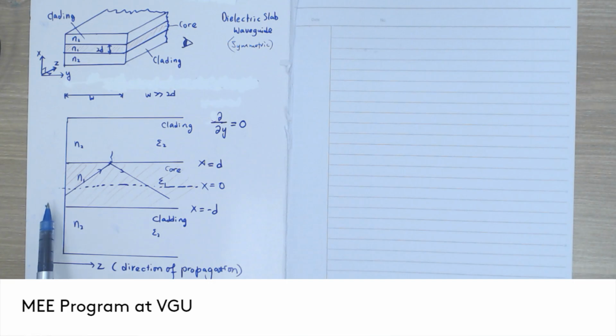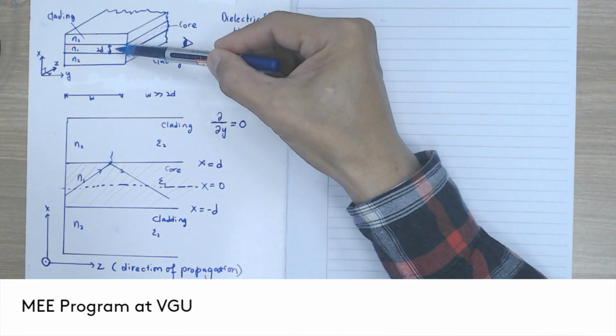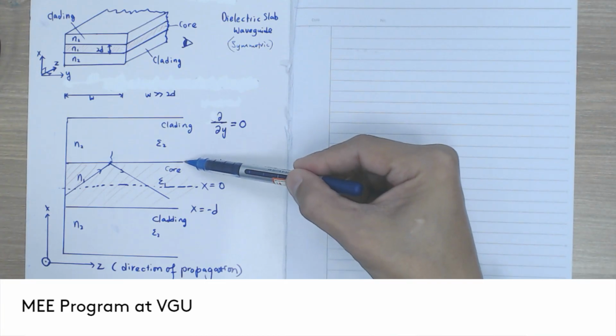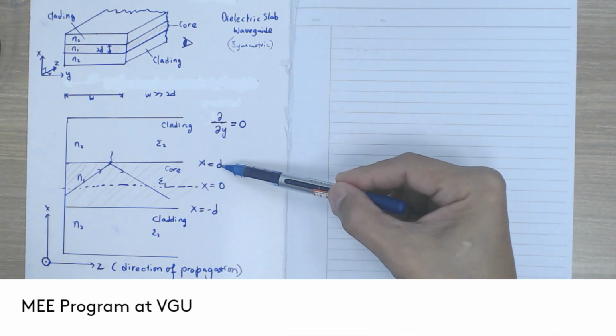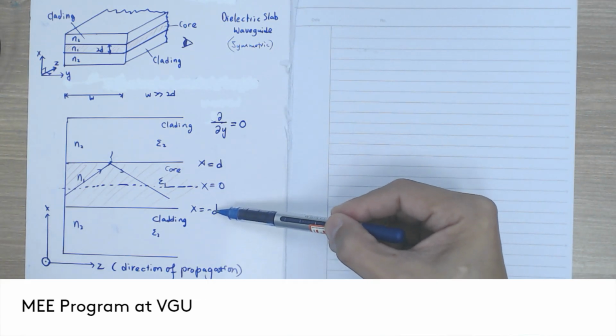So the vertical one here is the x-axis, while the horizontal one towards the right is the direction of propagation, the z-axis. Along the middle line here, x is equal to 0. Since the thickness of the core is 2D, the upper boundary is x equal to D, and the lower boundary is x equal to minus D.